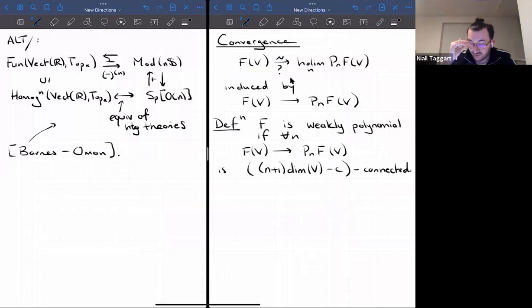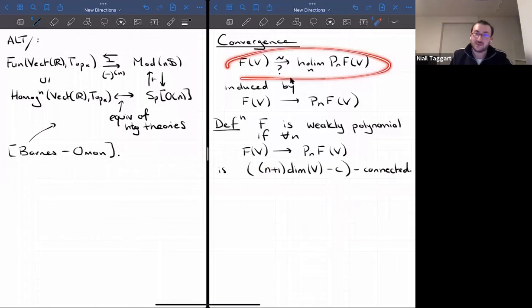So this is linear in both n and the dimension of the vector space. And if you know this, because this is linear and goes to infinity as n goes to infinity, it tells you that this map in question will be an equivalence.